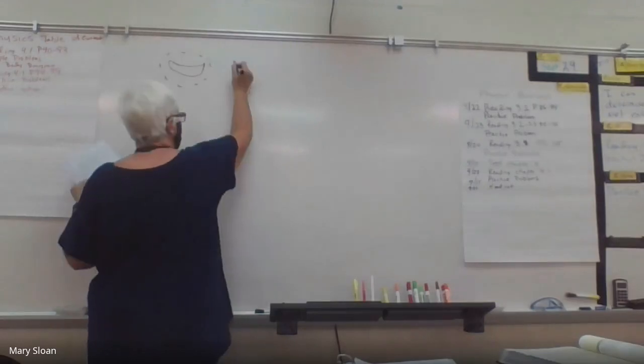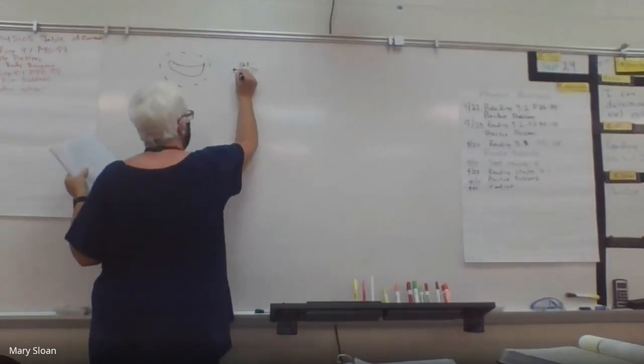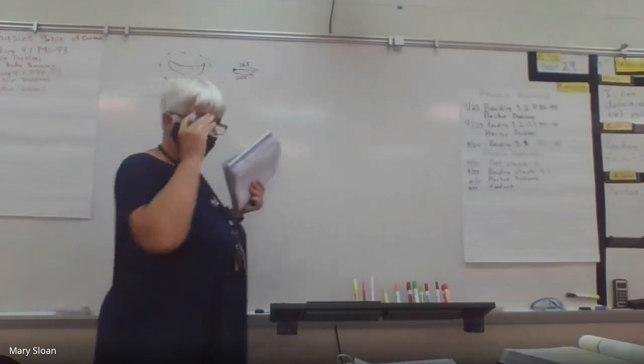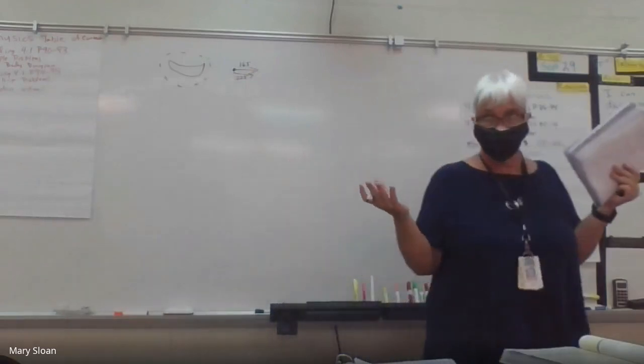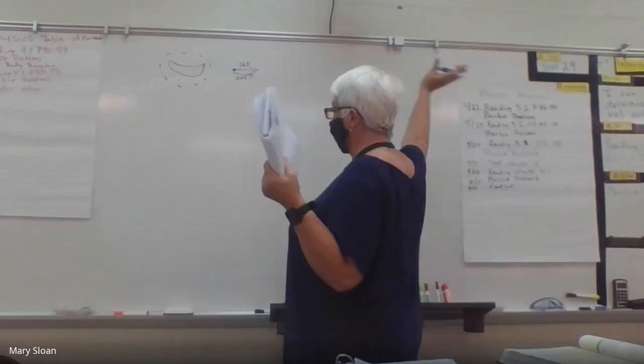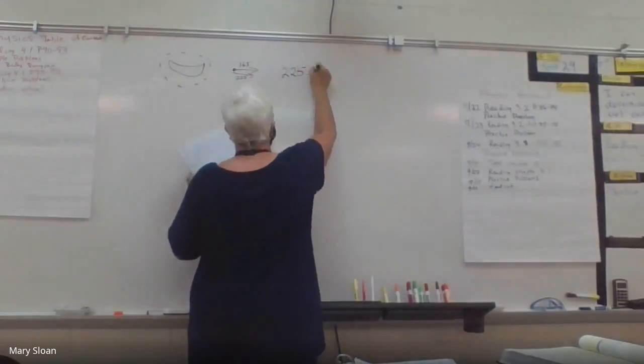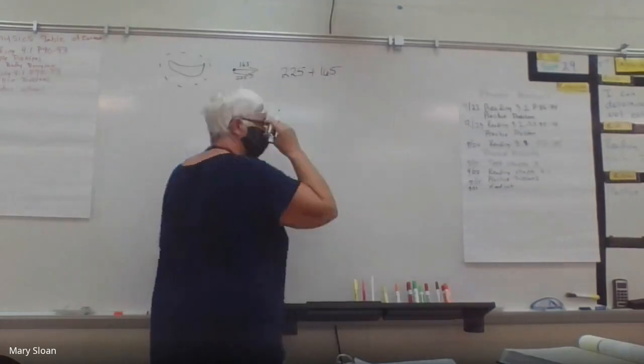And it says that it has a force of 165 and another force of 225. Okay, so what do you think we're going to do to these? Add them together because they're both going in the same direction, right? So it would be 225 plus 165.